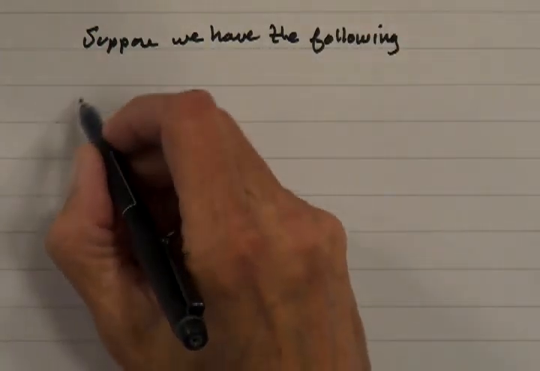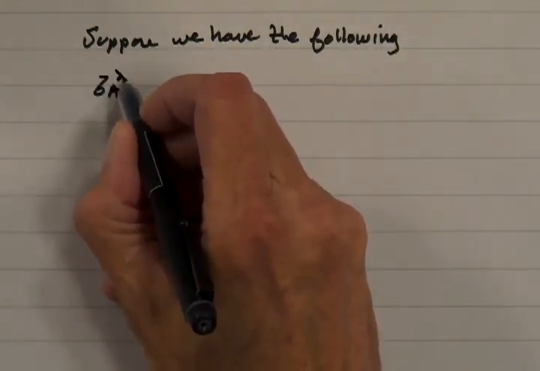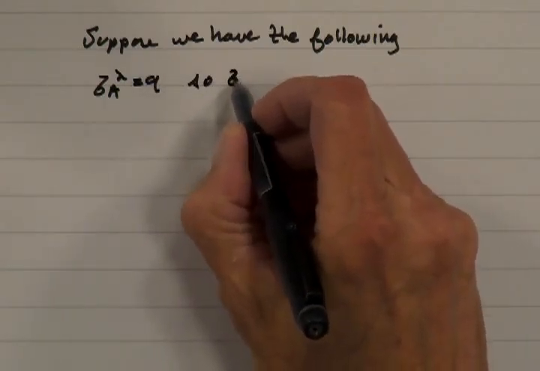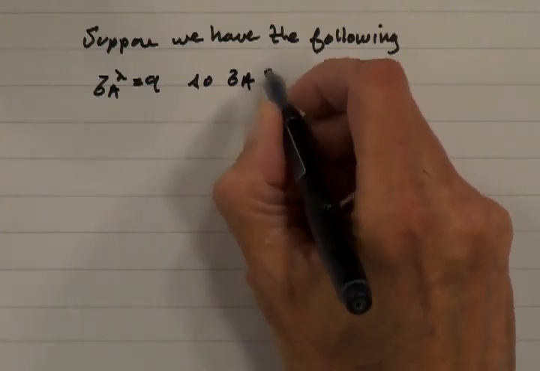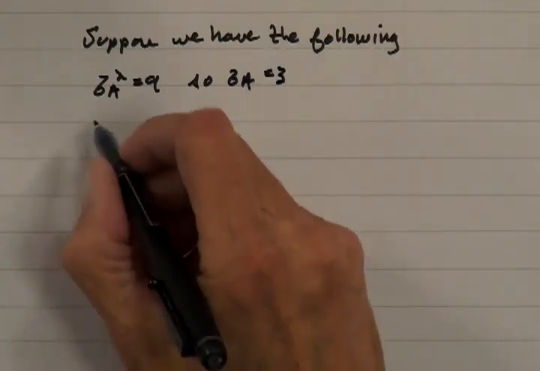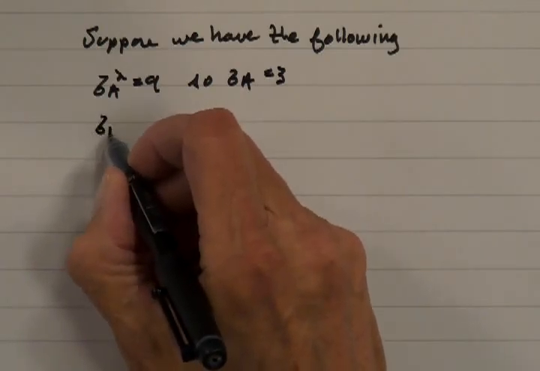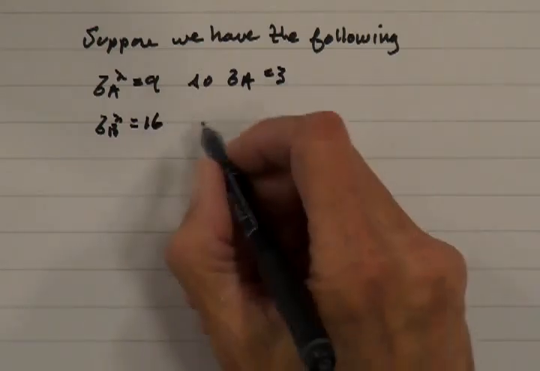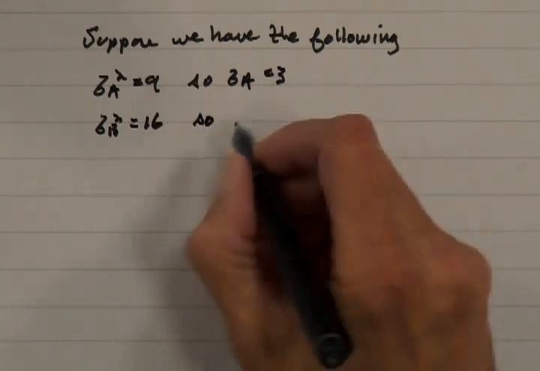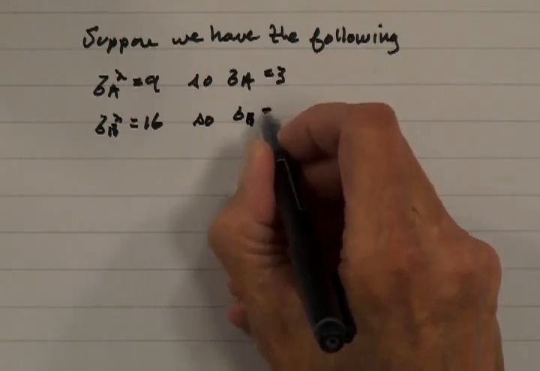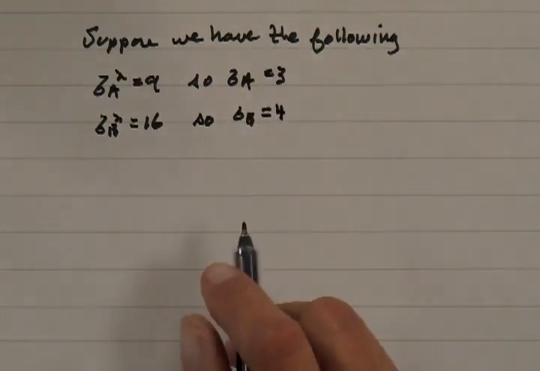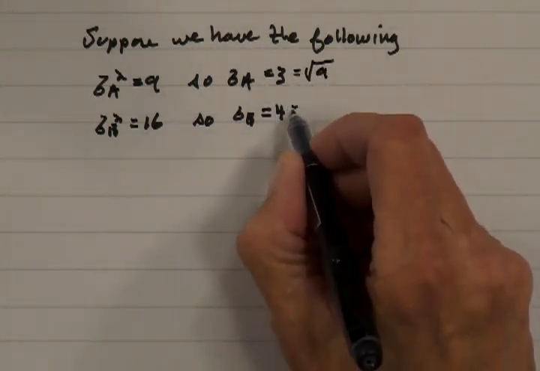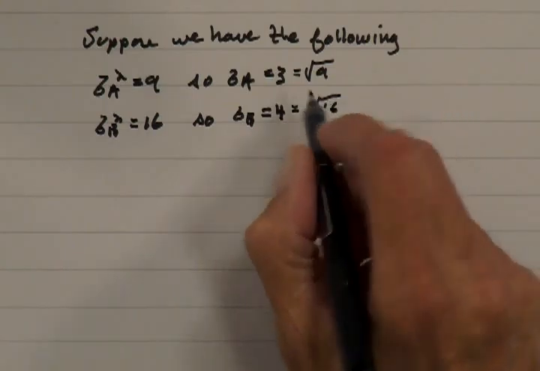And we have that sigma a squared equals 9. So sigma a, the standard deviation, equals 3. We'll pick some real easy numbers here. Sigma b squared equals 16. So its square root, the standard deviation, sigma b, equals 4.